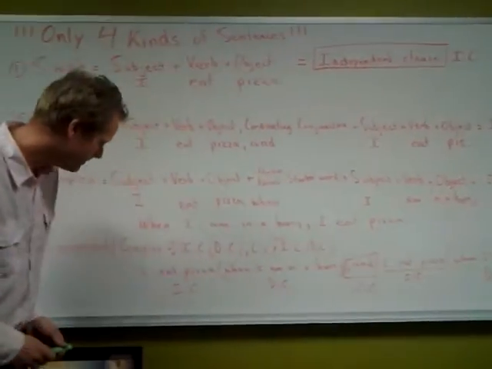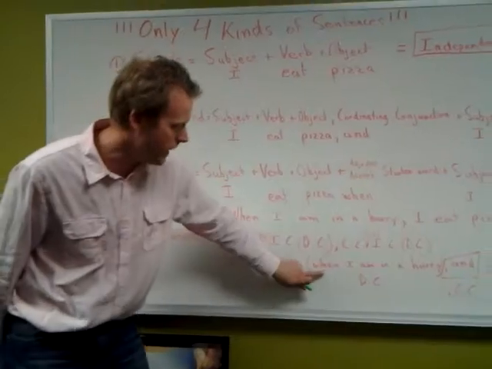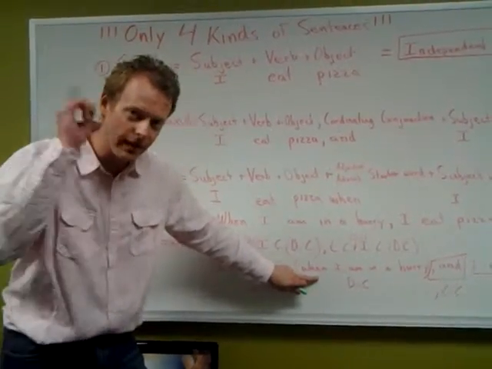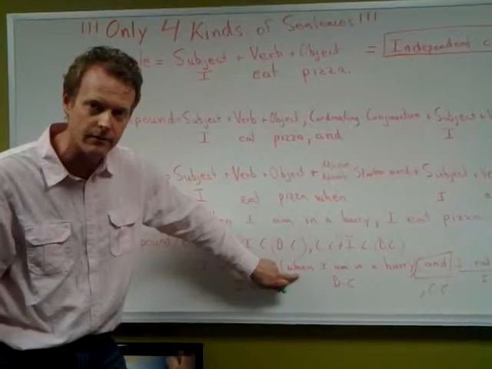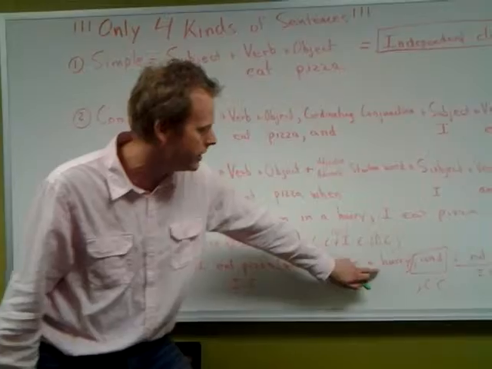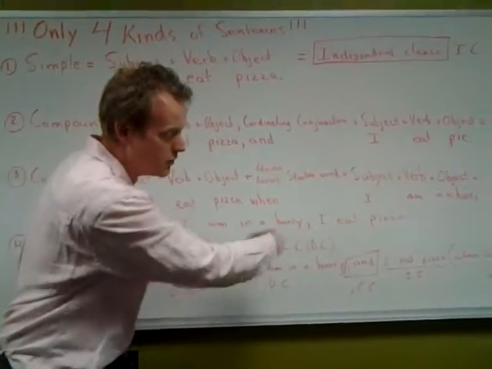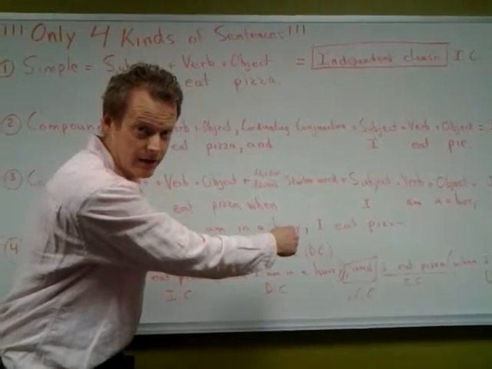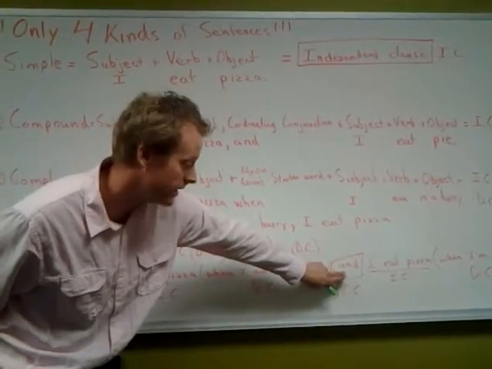Here's what happened. I eat pizza is an independent clause. When, again, whoop, whoop, the little siren should go off. I just created, by adding this starter word, it's an adverb starter word, I created a dependent clause. When I am in a hurry. So there's my DC. I connected these 2, actually, complex sentences together, making it compound complex with and.